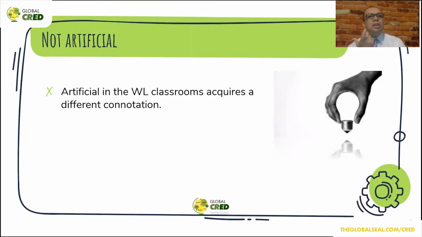What is artificial? In general, artificial is something man-made, something that doesn't come from nature, that we created, right? For our students, that concept of something artificial acquires a very different connotation.